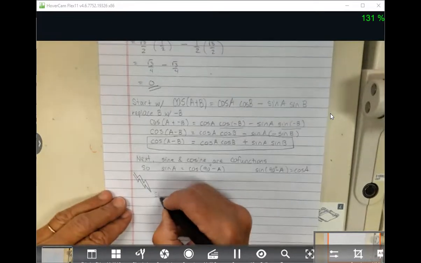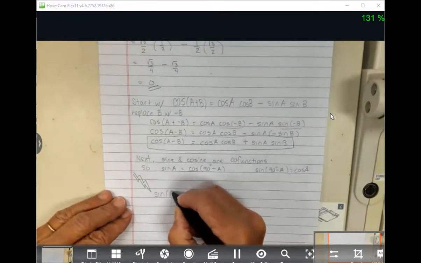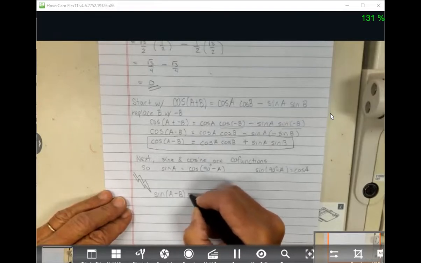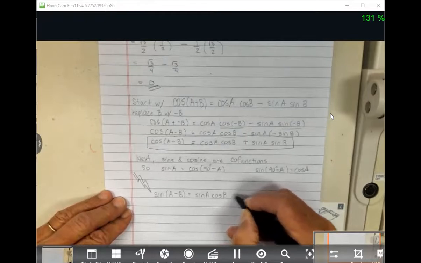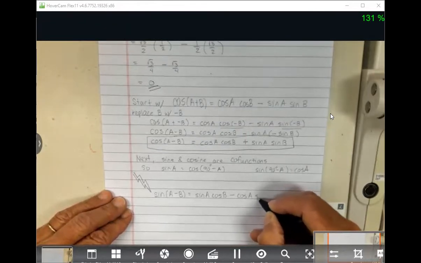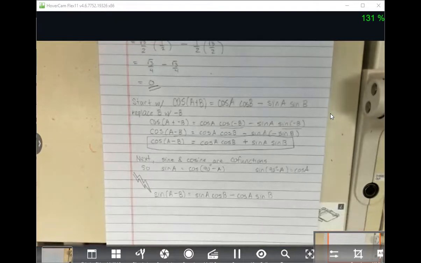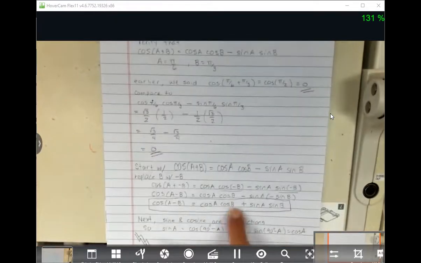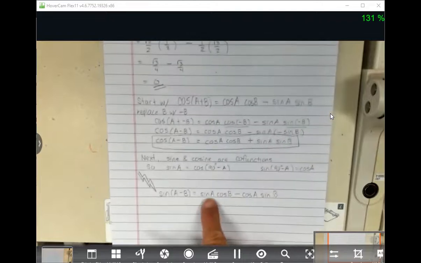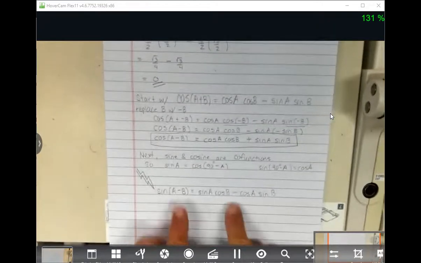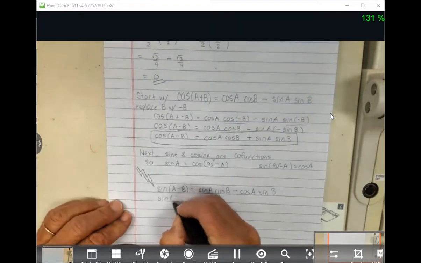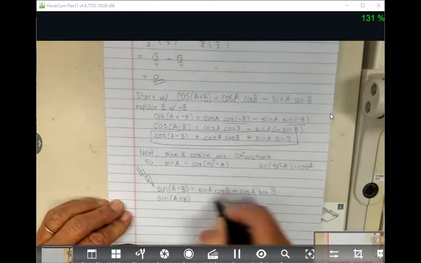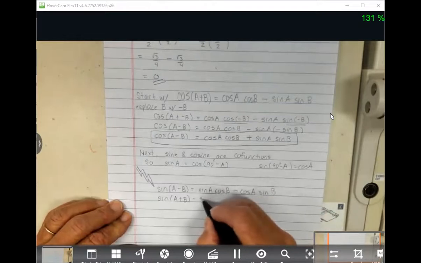That the sine of A minus B looks like sine A cosine B minus cosine A sine B. Whereas the cosine difference formula had a pair of cosines and a pair of sines, the sine has them paired up in that way with the same sign in between, so that the sine of A plus B looks just like that, but with a plus sign here.